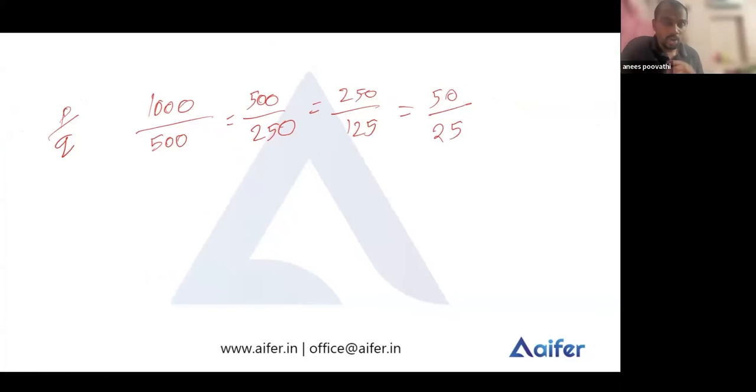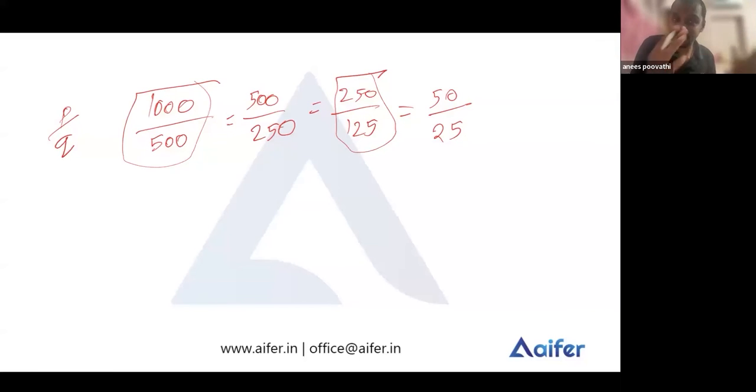So all these ratios are equal. Whether it's 1000/500, 500/250, 250/125 or 50/25, all these ratios are equal. So when writing it as a ratio, you can write either, no issue.